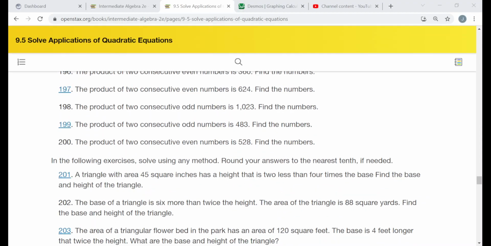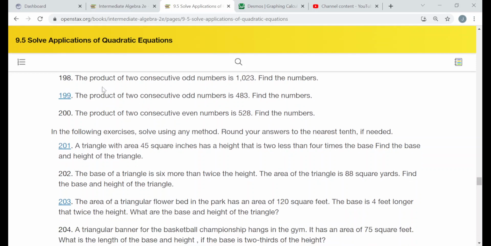Next question is exercise 198. Okay, here it says the product is very similar, but instead of two consecutive even numbers, it's two consecutive odd numbers. But the relationship between consecutive even numbers and consecutive odd numbers are similar.